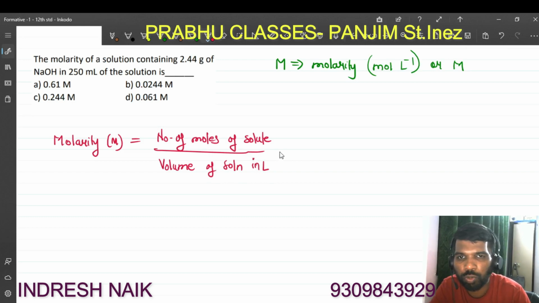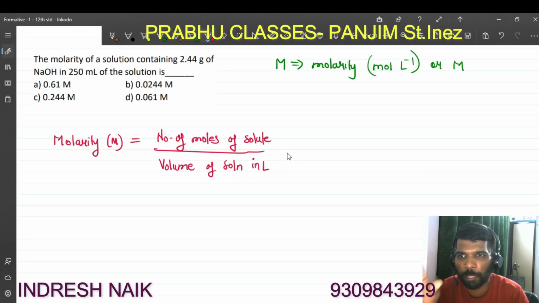Okay. So there is a multiplying factor 1000. Sometimes in some of the books it is given as 1000. It is a conversion factor. If you are writing the volume directly in ml, then multiply by 1000, that will be liter. If you are first converting the volume to liter, there is no need of that 1000 over here.